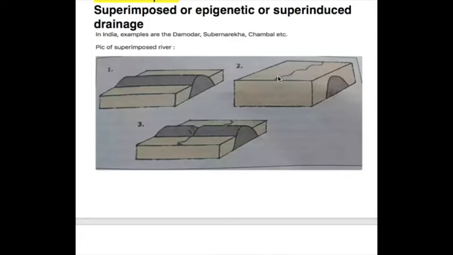So it is superimposed. We can understand superimposed, epigenetic or superinduced drainage from this diagram. Examples are Damodar river, Subarnarekha and Chambal river. Even Son river is also an example of superimposed.